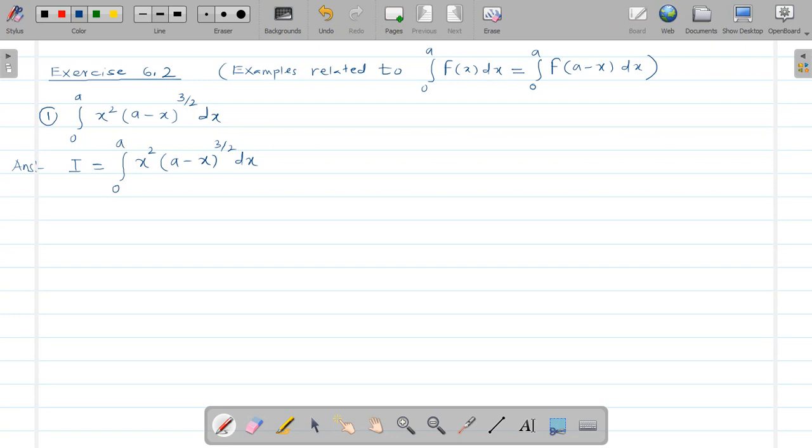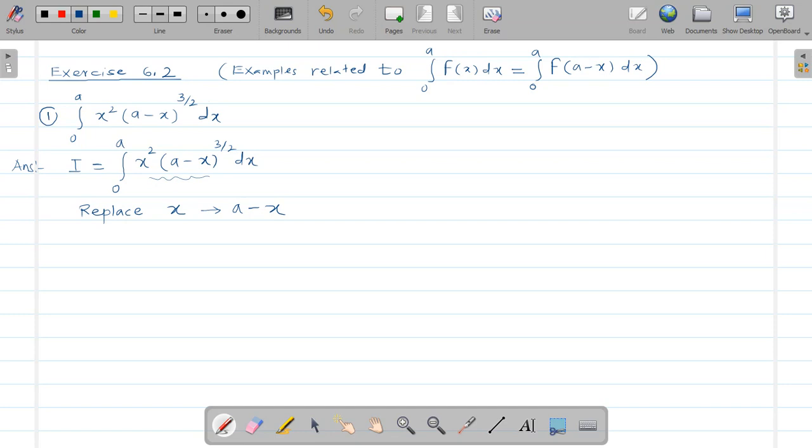Now the property says that if you want to use it, you have to replace x. Here the upper limit is a, so we replace x by a minus x.